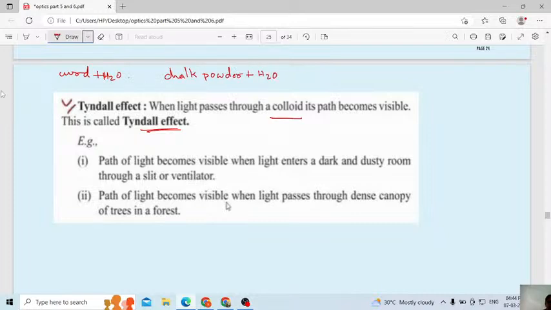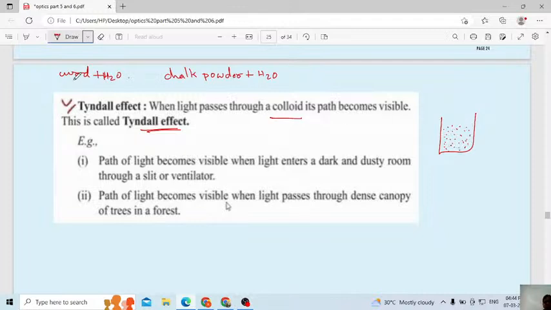What is meant by colloidal solution? If you mix any two different substances, solid or liquid, any matter, then in a colloidal solution you can see the particles continuously roaming inside the solution.